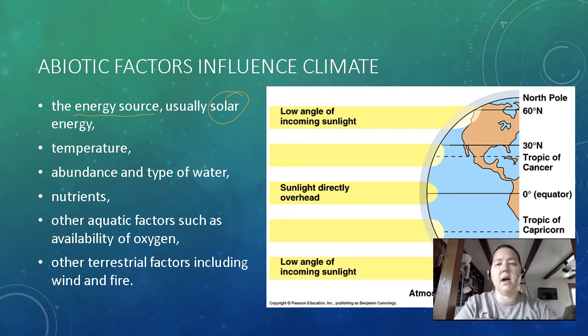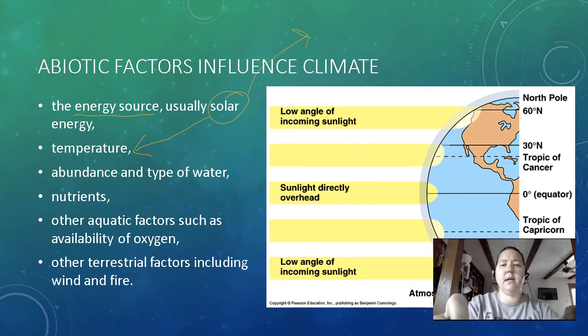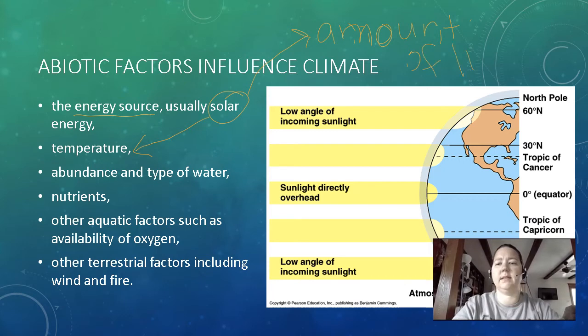Not all of them, very rare, but for the most part we're going to focus on the sun. The sun then can impact the temperature. And the other thing that the sun can impact is the amount of light. Obviously, the amount of light.